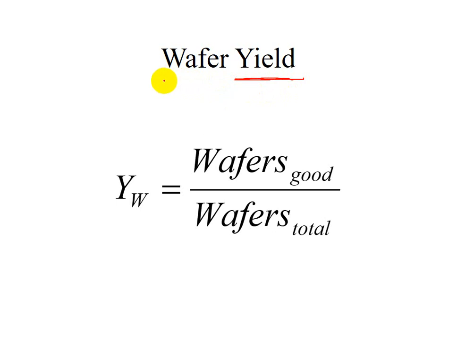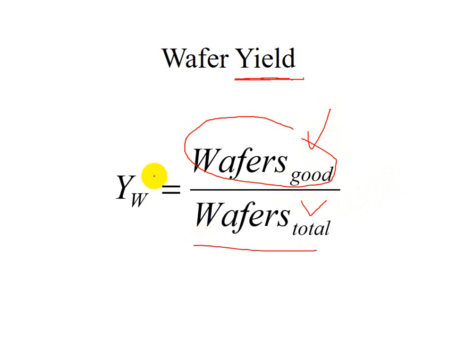The wafer yield is the ratio between number of good wafer after finishing all the process steps and total number of wafer for IC chip fabrication. So that's a good wafer to total wafer. The ratio between these we call wafer yield.